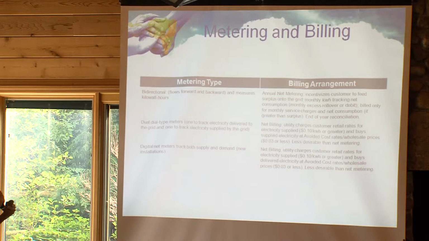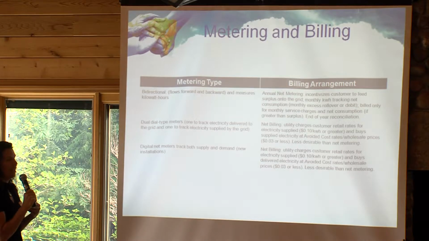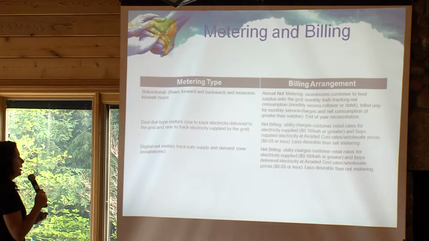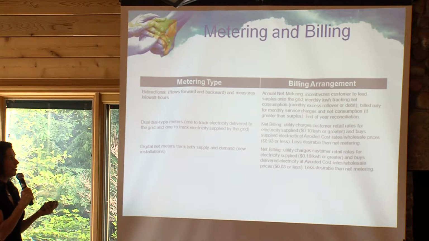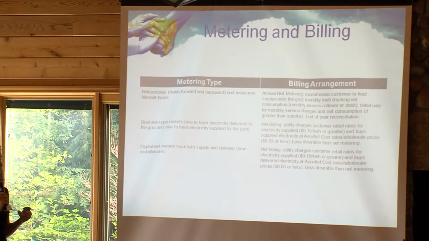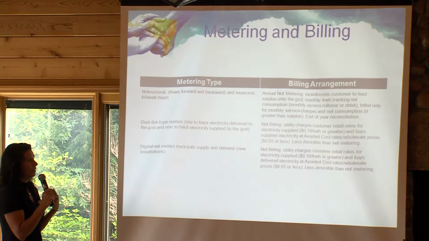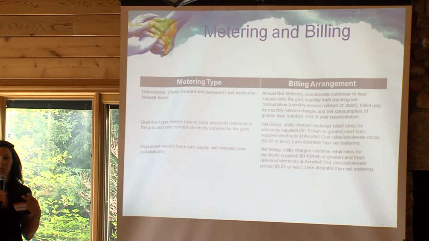And there's monthly kilowatt hour tracking on behalf of your utility provider, and then basically at the end of the year you reconcile, you true up essentially. In the net billing situation, your utility charges your customer the retail rates for the electricity supplied, and then they also have what's that called, their avoided cost rates or wholesale prices for what you produce.